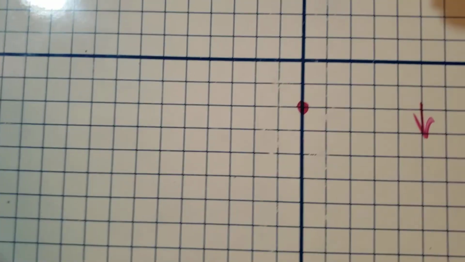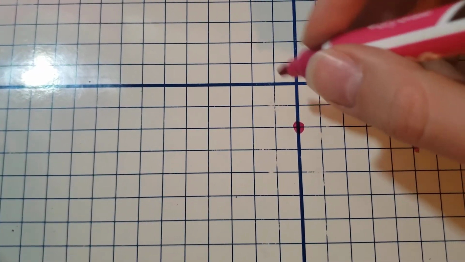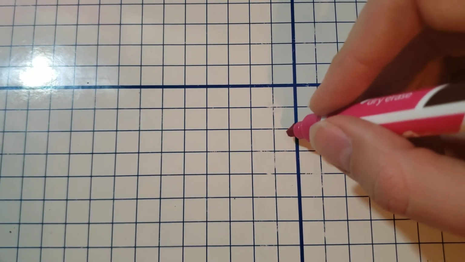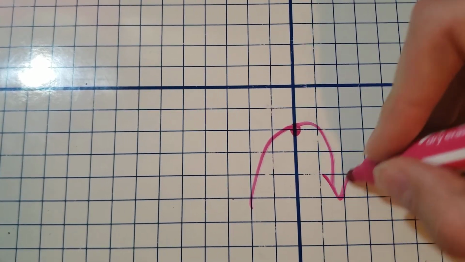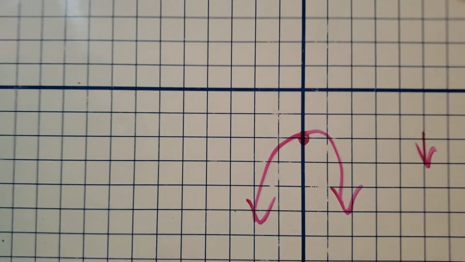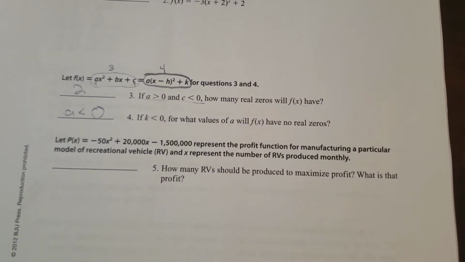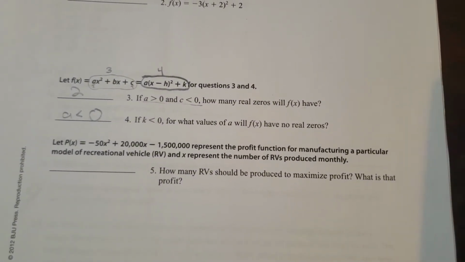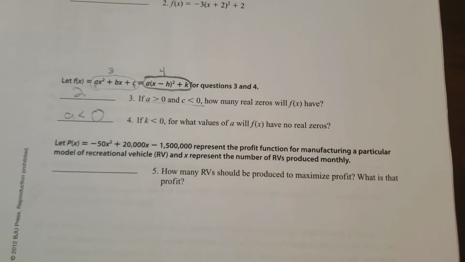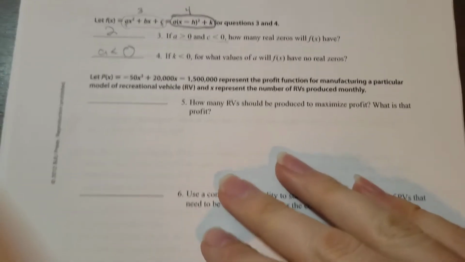So what's going to give us no real zeros? If we don't cross the x-axis, so we need to have a downward facing parabola. The only way that will happen is if our A is negative. Okay, aren't you glad I did that for you guys? Okay.